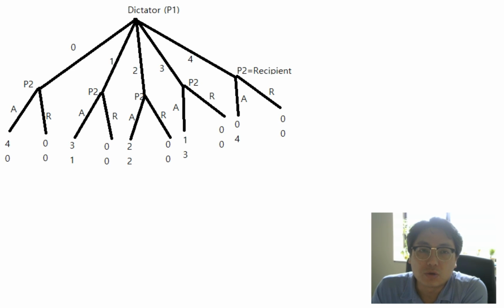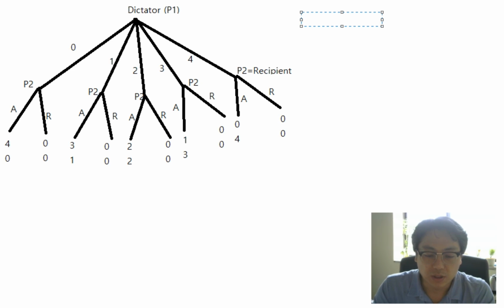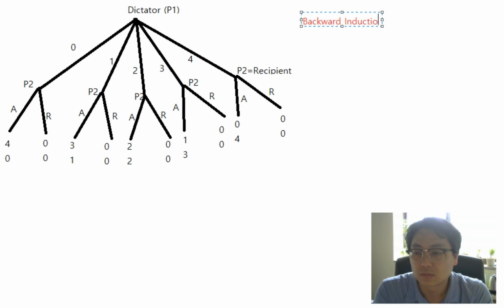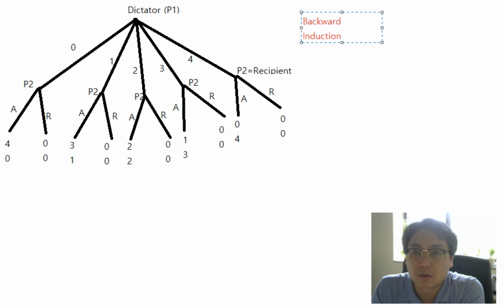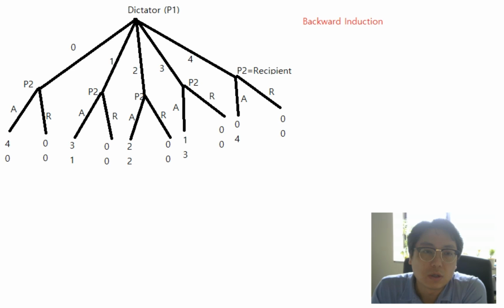We are going to solve with backward induction. Right? So think about that. If this game node is reached, if player 2 accepts that offer, then player 2 will get 4, but if they reject the offer, then player 2 will get 0.